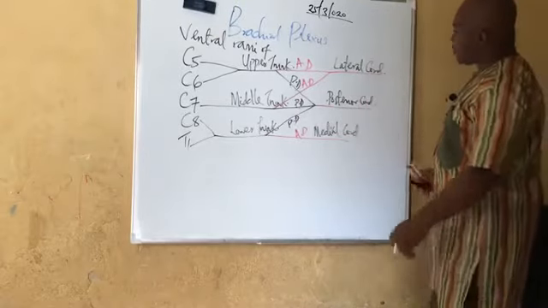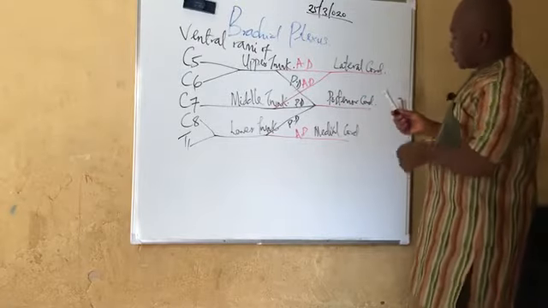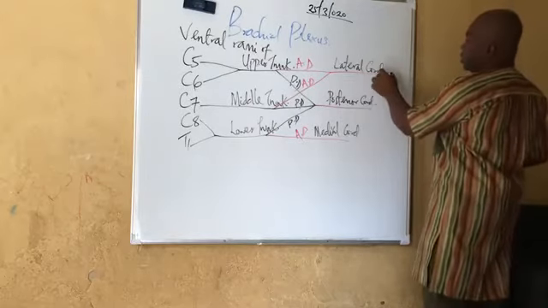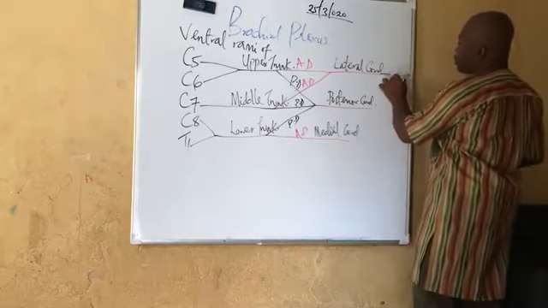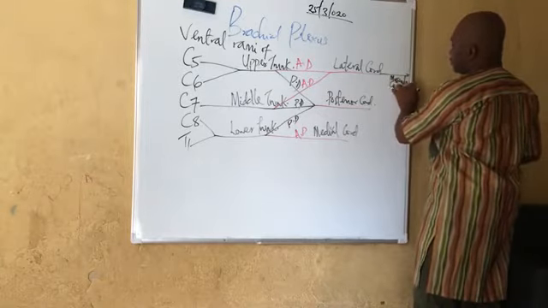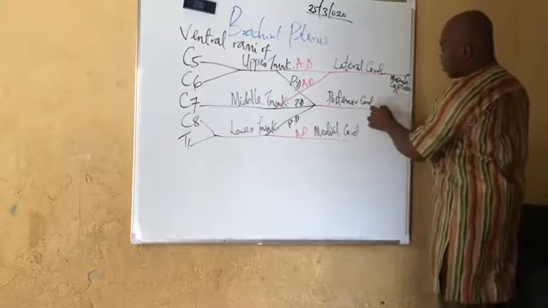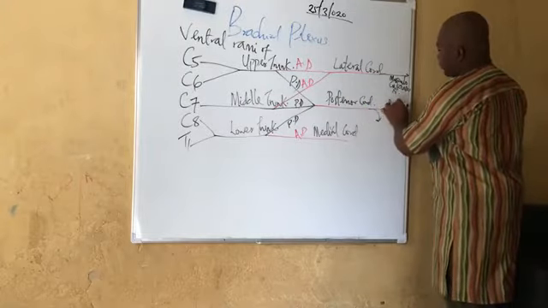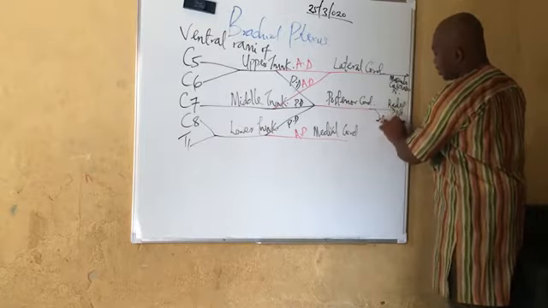These cords will ultimately give rise to the terminal branches of the brachial plexus. The lateral cord gives rise to the musculocutaneous nerve, while the posterior cord will give rise to two branches, the radial nerve and the axillary nerve.